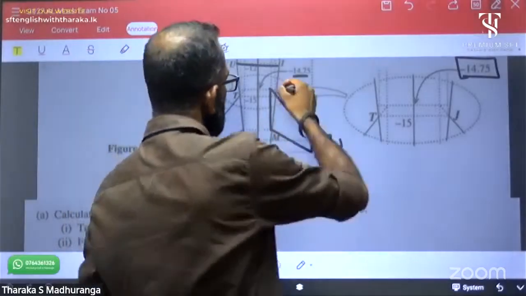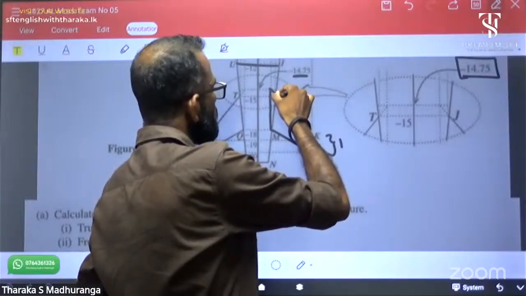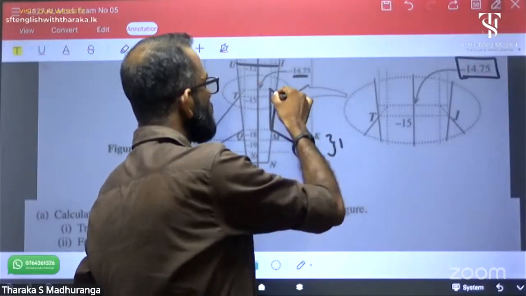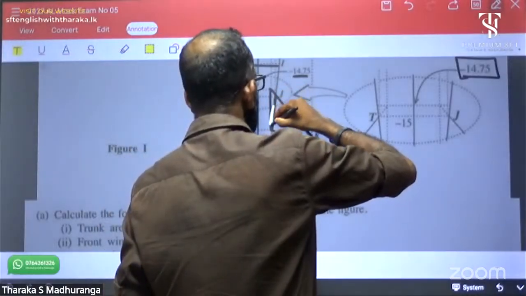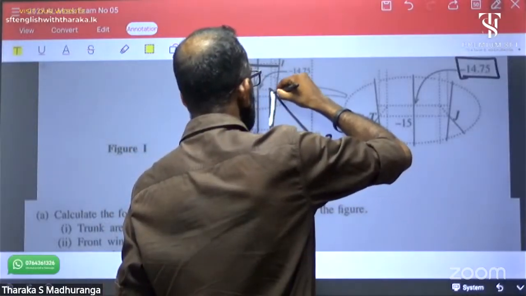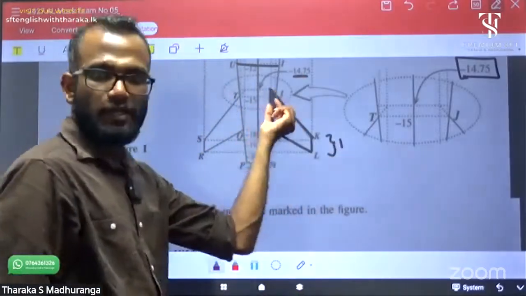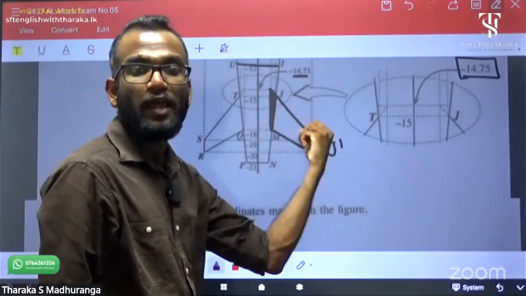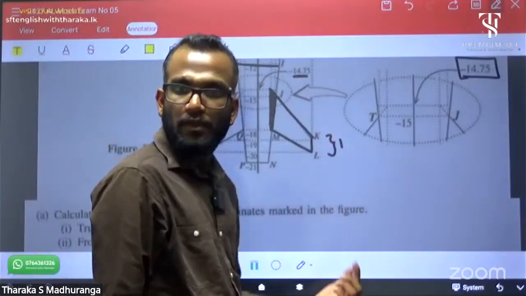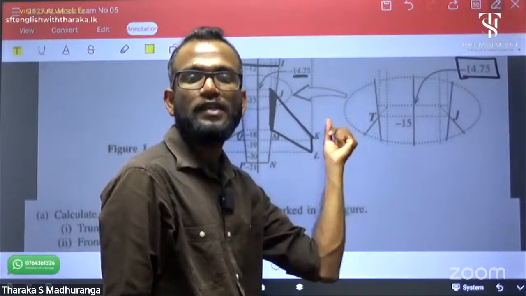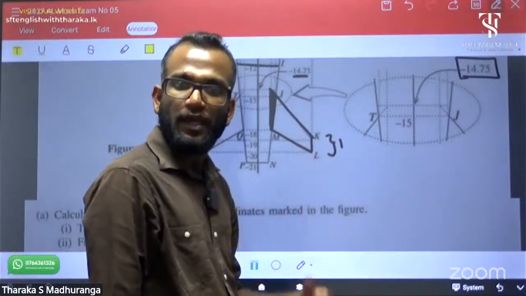But if you subtract this shaded triangle from this trapezium, that is, if you subtract the shaded triangle part from the 7.43 value, this is the JKLM rear wing area.